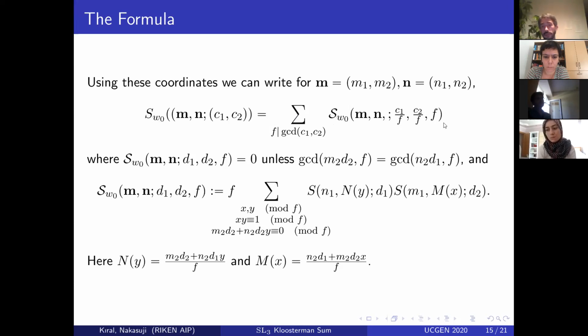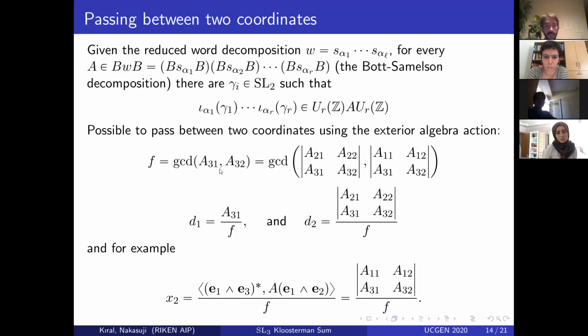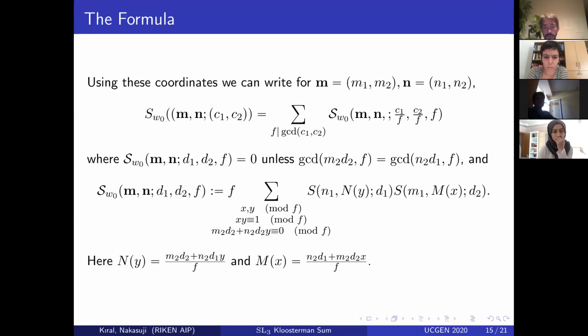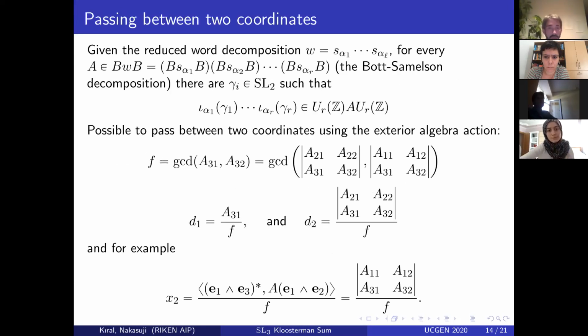So basically, this is the same sum over a smaller set: those elements in the big cell such that this GCD is equal to F. That is my small set.